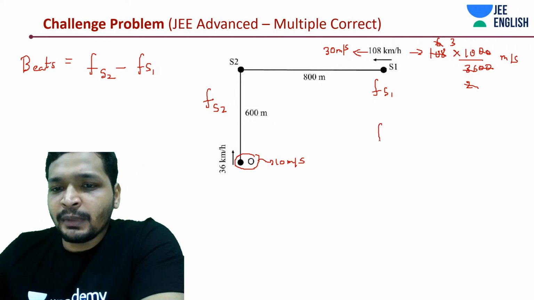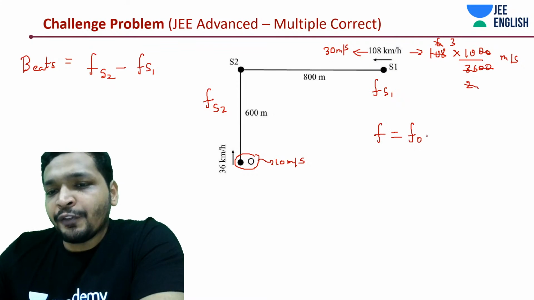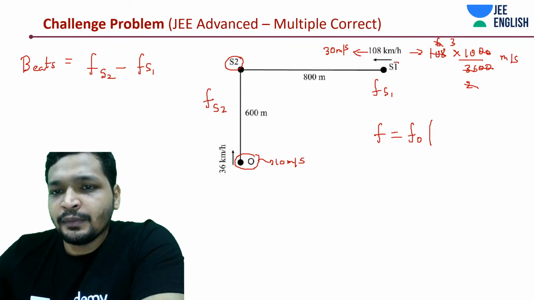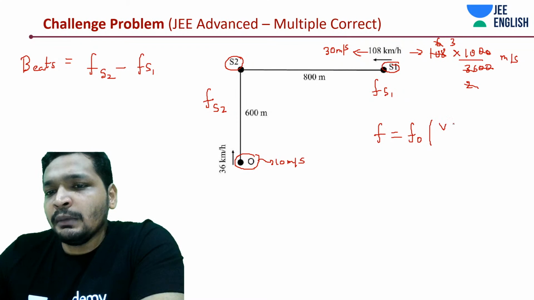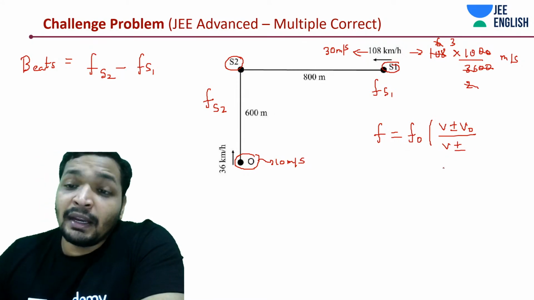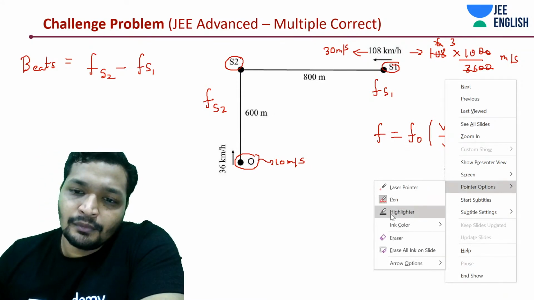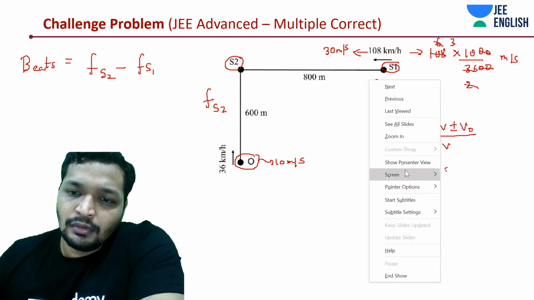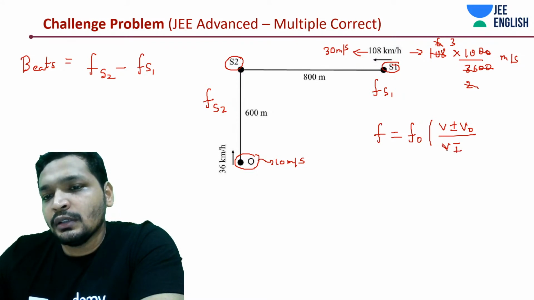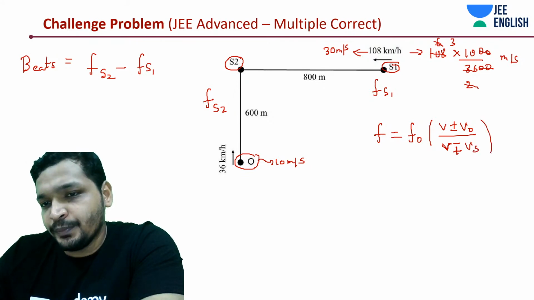So I hope you remember this. F is equal to F naught. In this case, both the whistles are of same frequency, 125 Hz, times V plus or minus V observer divided by V minus or plus V source.